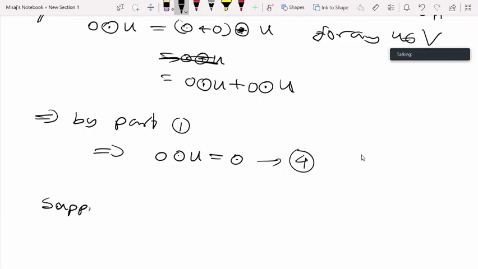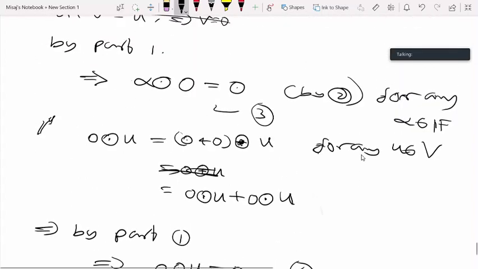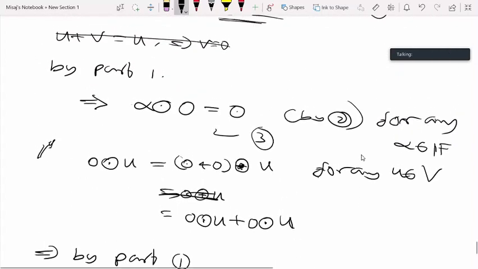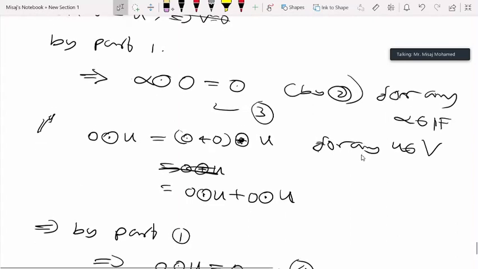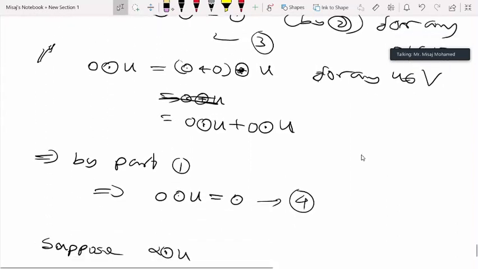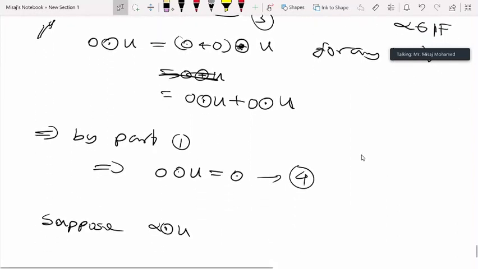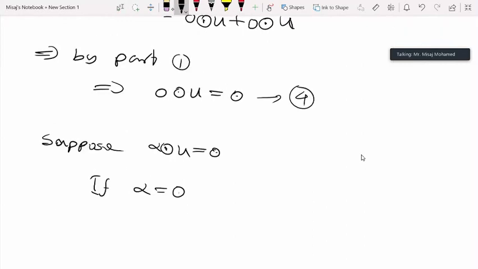Suppose alpha dot u is 0. If alpha is 0, the proof is over.